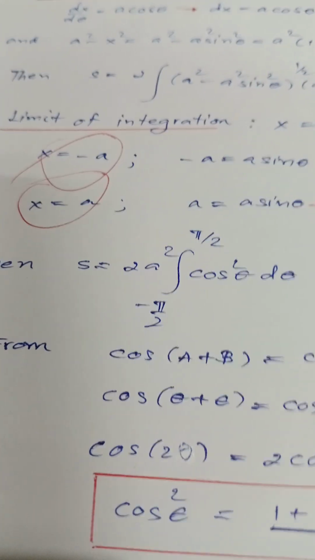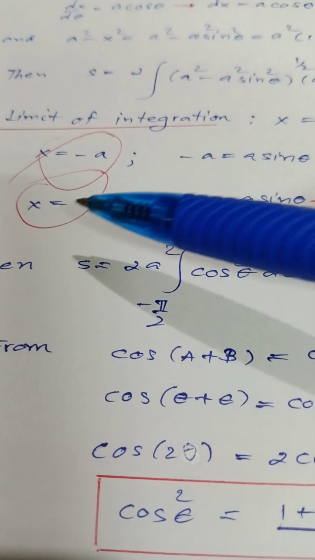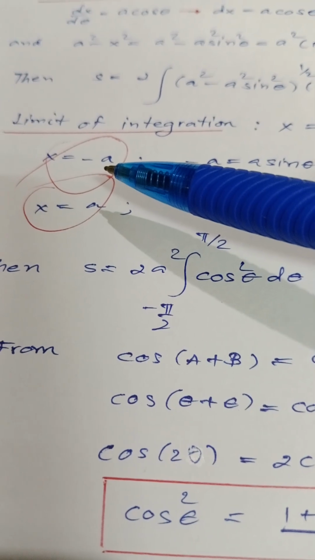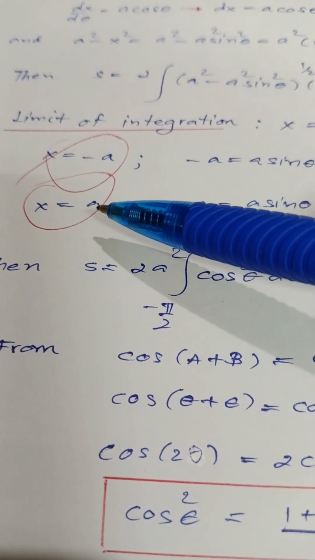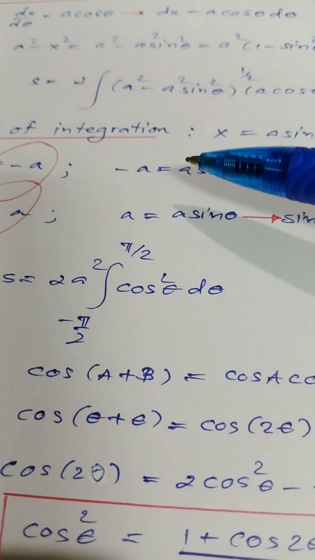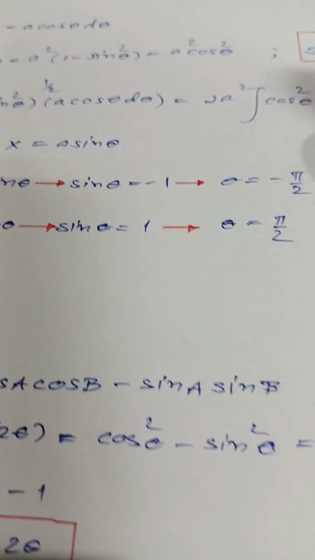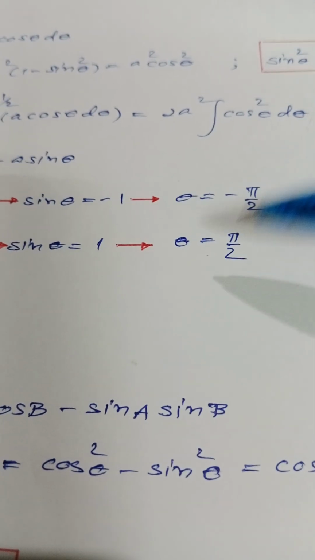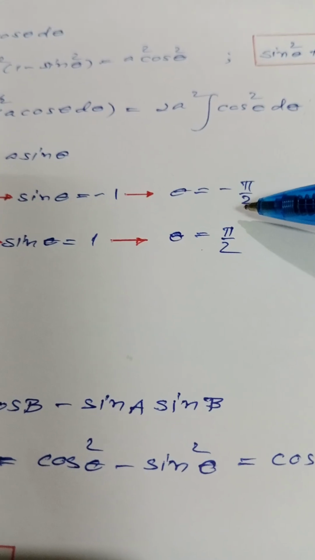Okay, let's start with the limit of integration first. You integrate dx from the lower limit, negative a, to the upper limit of positive a. For x equal to negative a, that's equal to a sine theta, so your sine theta equal to negative 1, then your theta is equal to negative pi over 2.